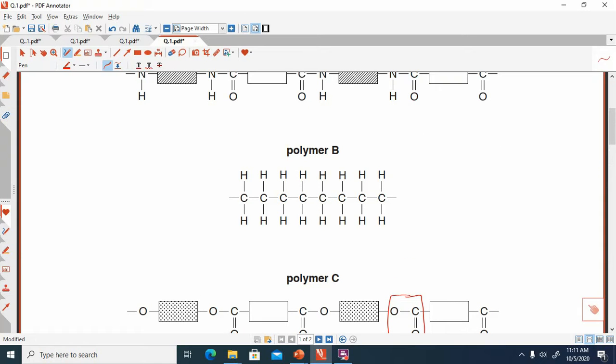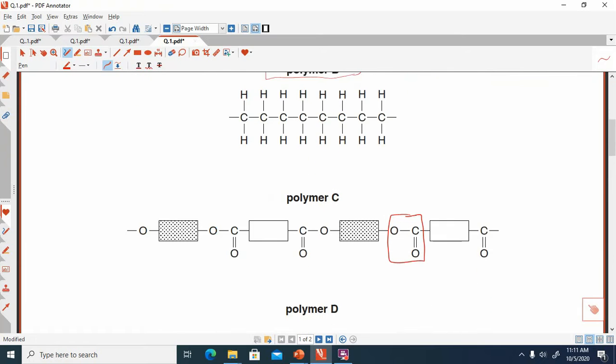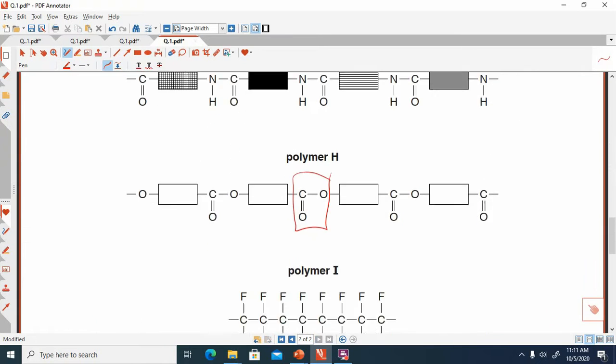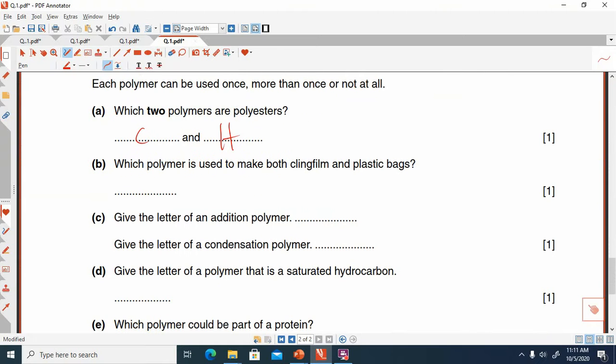So polymer B, look here, is formed when addition polymerization takes place, so your answer will be polymer B. That is polyethylene, whose uses are cling films and plastic bags. That is the reason that we have selected B.